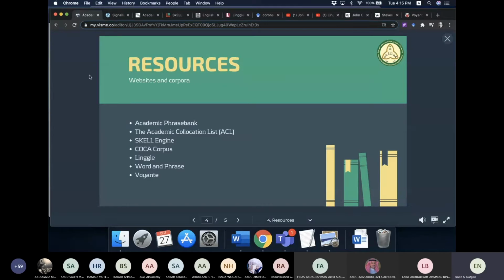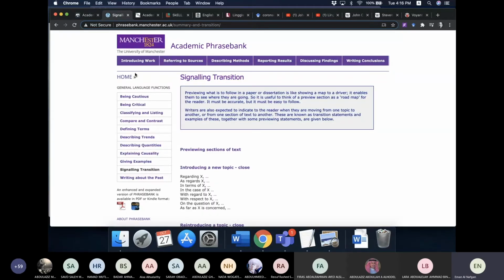So then I want to talk to you about the academic collocation list. The academic collocation list, sometimes you have an academic word in your head. In this case, the academic phrase bank is not going to help you because you don't have a certain rhetorical device that you want to do. It's not an action that you want to do. It's not that you want to conclude. No, you have a specific word.